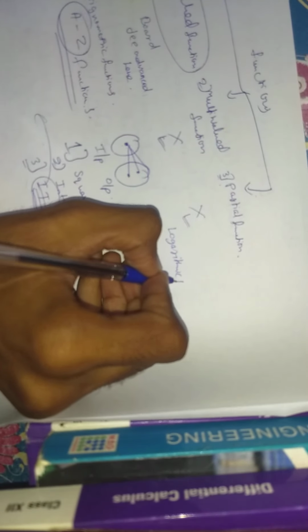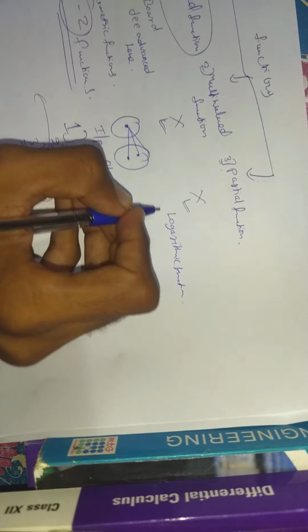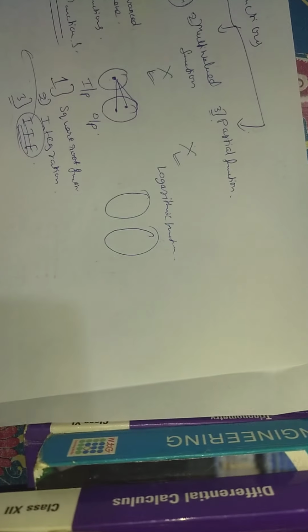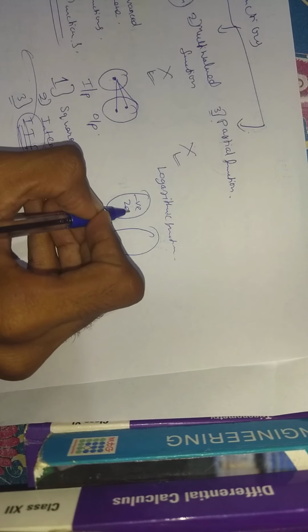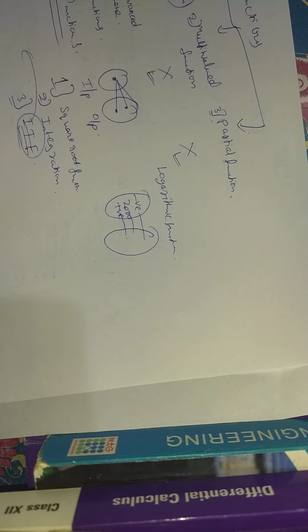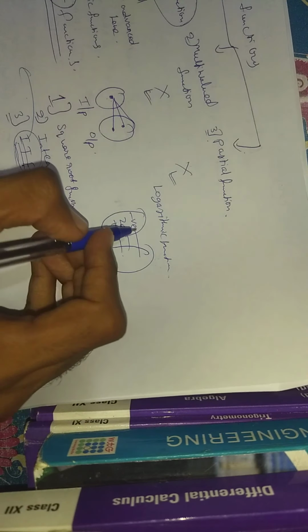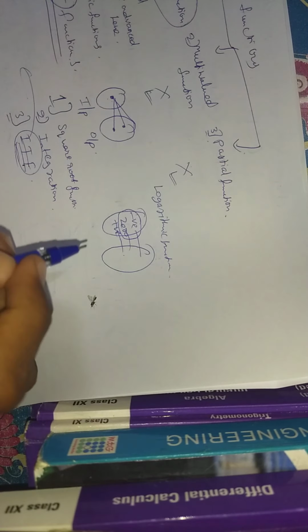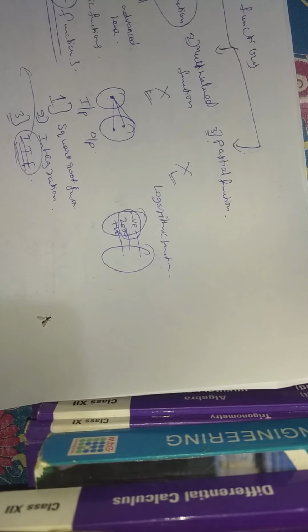Now coming to logarithmic function. Logarithmic function is a partial function, because function means every element, negative, 0 and positive, should have an output. But logarithm is also one function, but negative values and 0 are not defined in the logarithmic case.